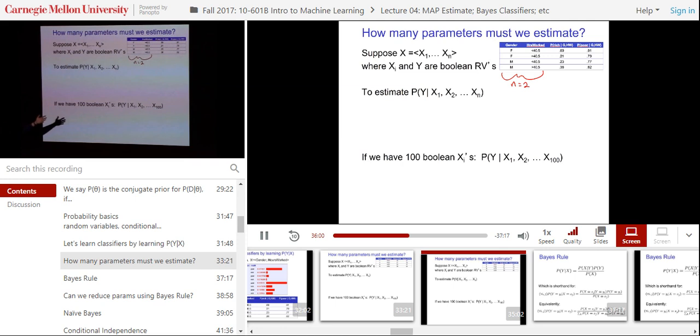And I have 2 numbers for each row, but you can see that the 2 numbers add up to 1. Like the bottom row there, you're either rich or poor, so one of those probabilities, 0.62, is just 1 minus the other. So I need to estimate 4 in the case of n equals 2, or 2 to the n.